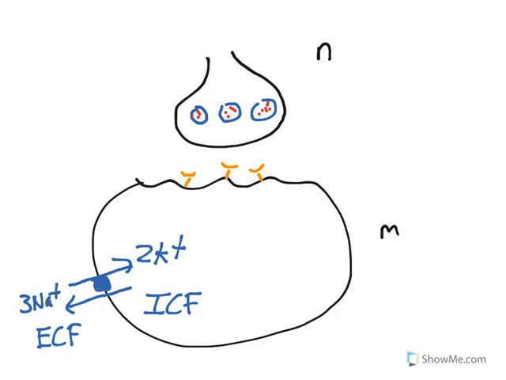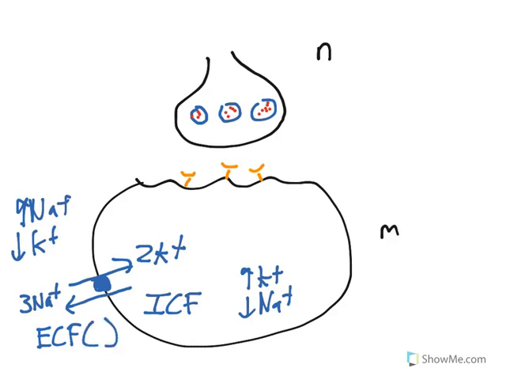And what you're going to notice is the ECF maintains a very high sodium concentration but low potassium, where the ICF has a very high potassium but very low sodium concentration because of the sodium-potassium ATPase.